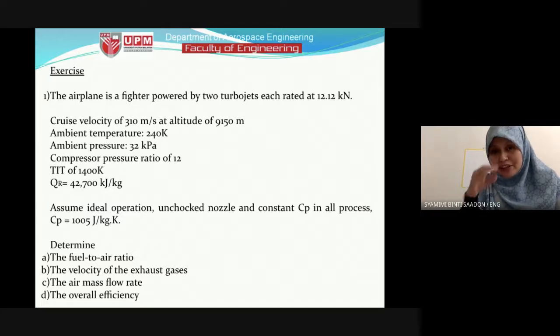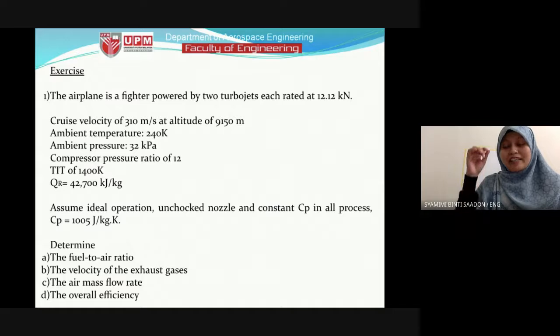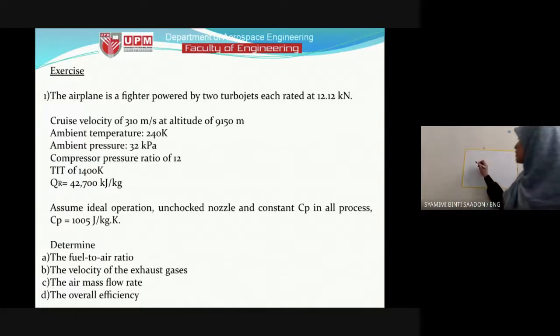Normally we try to increase the air intake, the air inside the flow. How we increase the air inside the flow is by decreasing the pressure at the back. Remember the Bernoulli principle: if we decrease pressure, then velocity will increase.